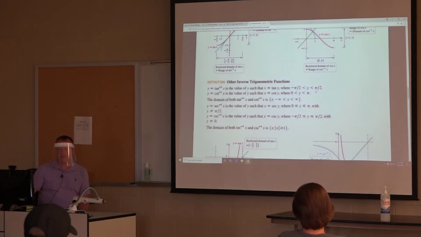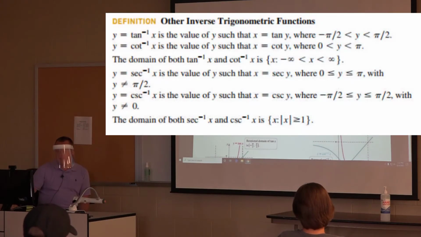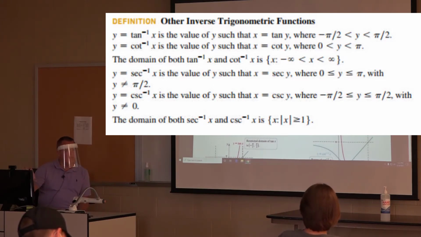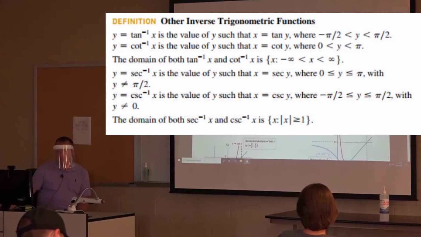It's where they're defined. Now, they do go ahead here and define these others. I think sometimes there is some disagreement on these because you can really restrict the domain how you want to. It may be the way you plug them in. I showed y'all Desmos before. If you graph on Desmos, I think it does different than the calculator. It depends on how you plug it in the calculator too. But this is what they've defined.